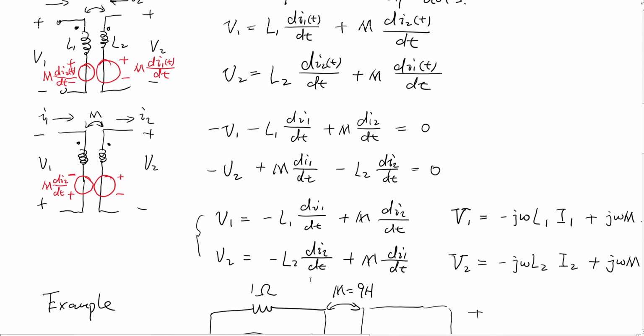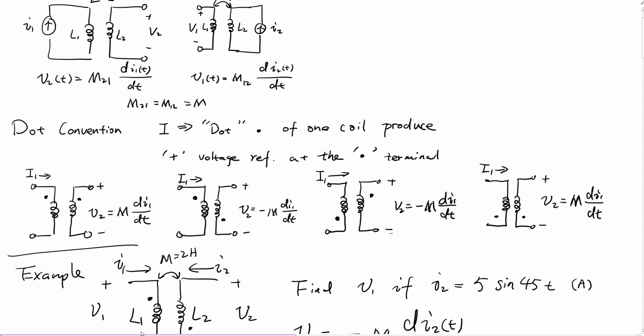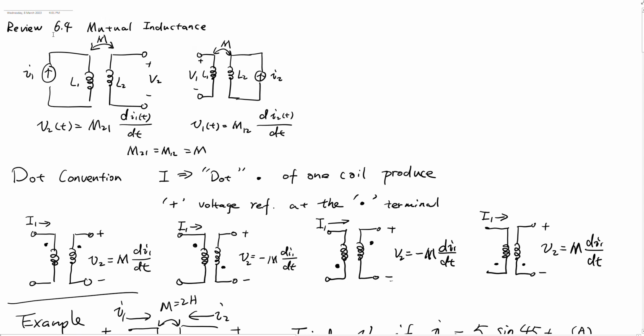Let's review this, since you probably forgot about that. Let's go back to the very beginning. This part is from chapter 6.4 of your textbook. You can see that V2 here is an open circuit. There is no current in the secondary side, but there is a changing current in the primary side.